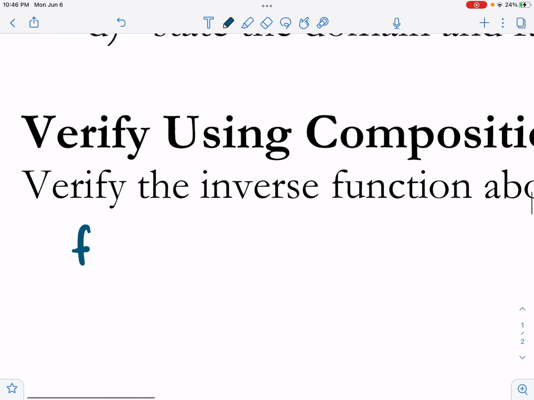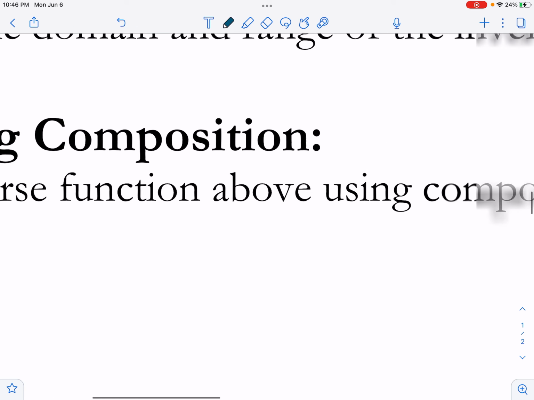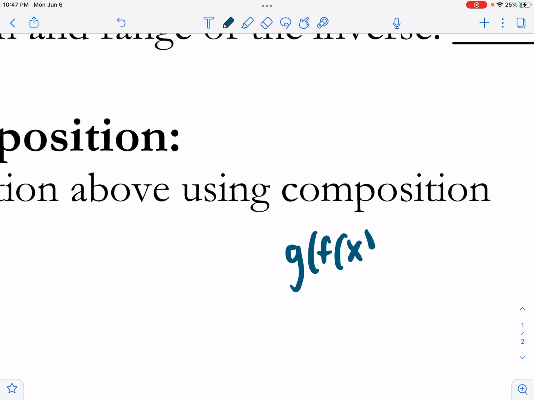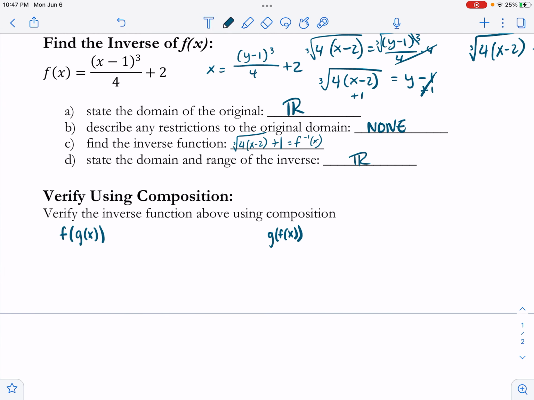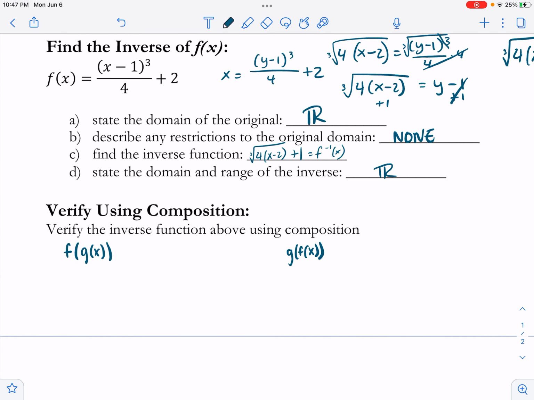So it's basically f of g of x and then g of f of x. For f of g of x, we would plug g into the x of the f of x function. So it would be cube root of 4 times x minus 2, plus 1, minus 1, over 4, plus 2.